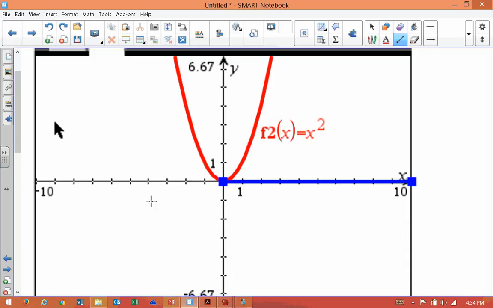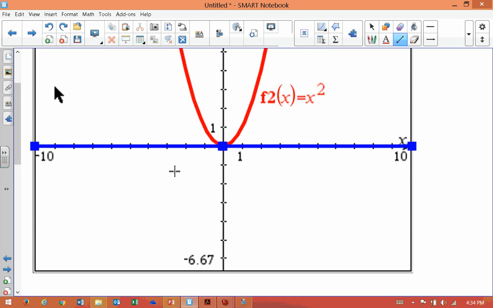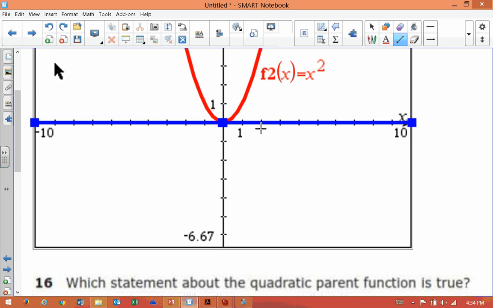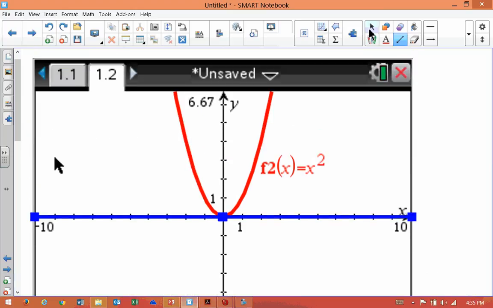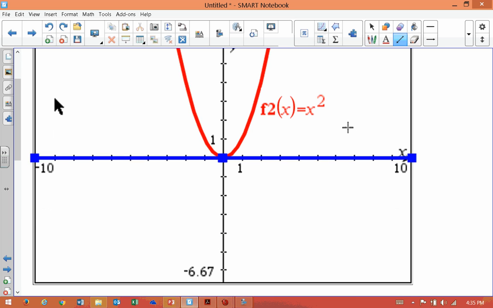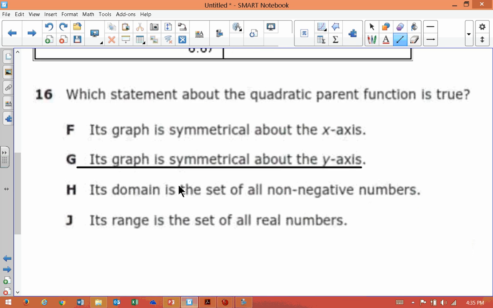So actually the domain of this graph is all of the real numbers, not just the non-negatives, because it's the entirety of the x-axis as this function continues infinitely in both directions. I need a little arrow there, I have to do better than that. Okay, so we know definitely H is not true.